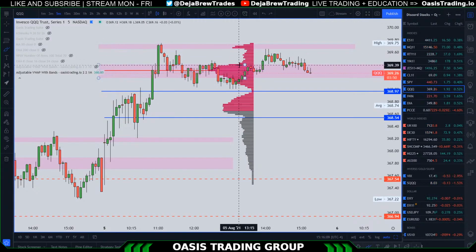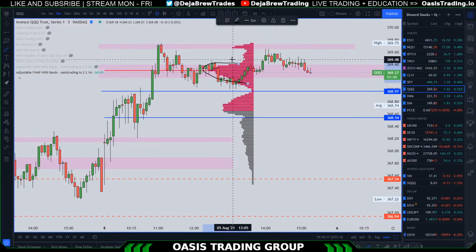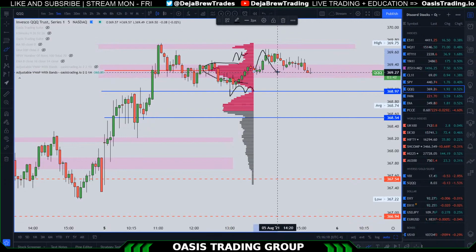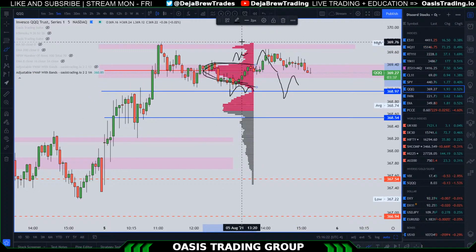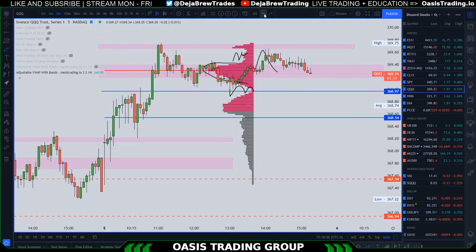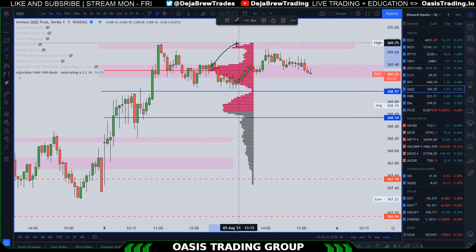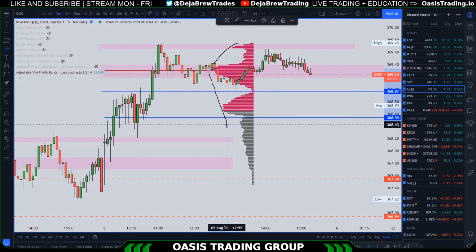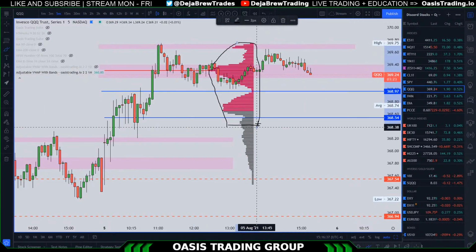Because the POC is towards the middle, and then we have gap, it wants to hover towards POC because it tries to push higher, it gets rejected. Tries to push lower, it gets rejected. So it builds out the POC, and this starts to build a balanced day, if that makes sense. Because what it does is it forms this as the primary node, and then you have decreasing volume, decreasing volume. So it creates that D shape.